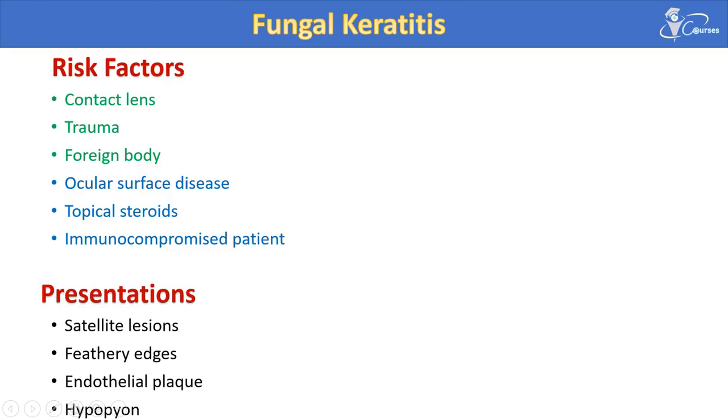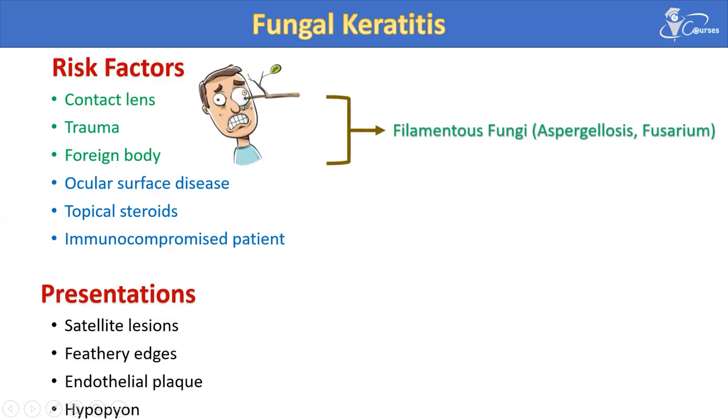In fungal keratitis, we can think of the risk factors as suggestive causes for which type of fungus is causing the problem. For example, contact lens, trauma, and foreign body are more suggestive of filamentous fungi, like Aspergillus or Fusarium. So trauma with vegetable matter, contact lens, and foreign body are more commonly causing filamentous fungi like Aspergillus and Fusarium.